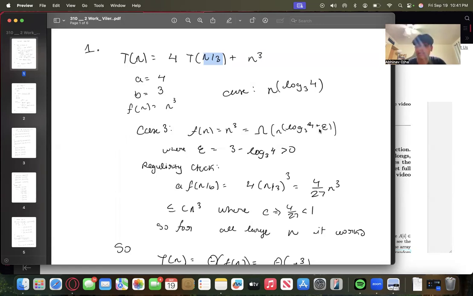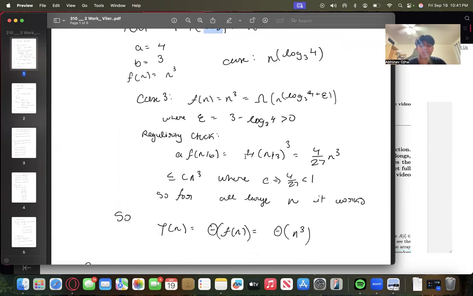I don't know how to say that. And after solving it, you can find that e has to be 3 minus log base 3 of 4, and that has to be greater than 0 for e to be valid.